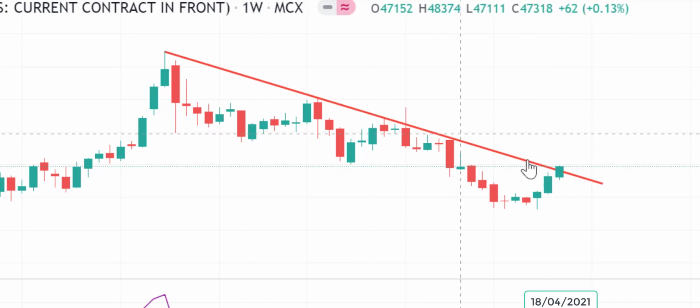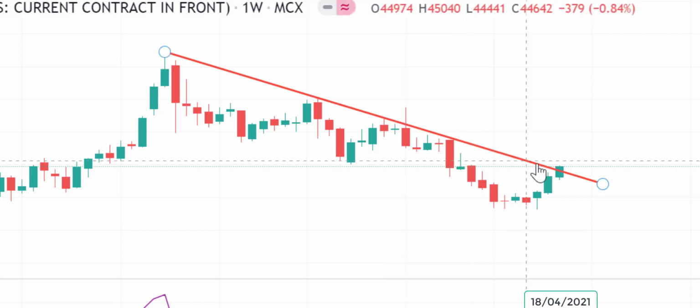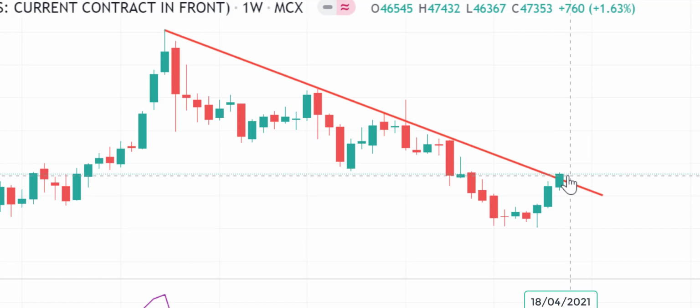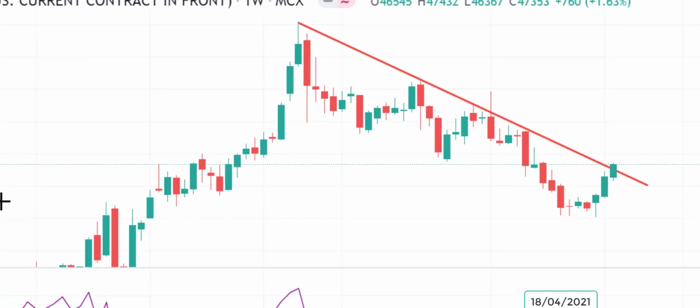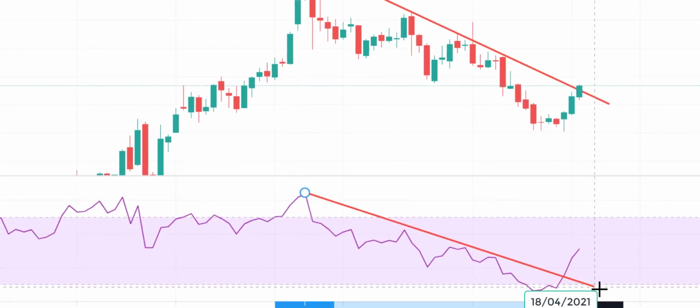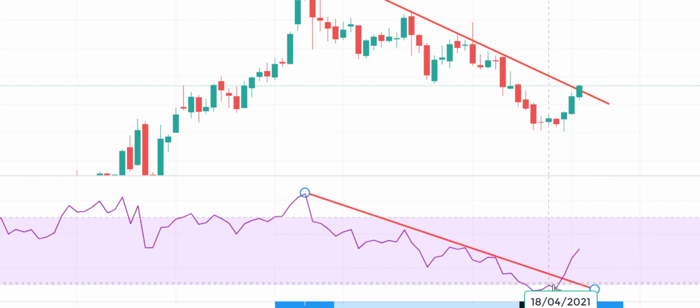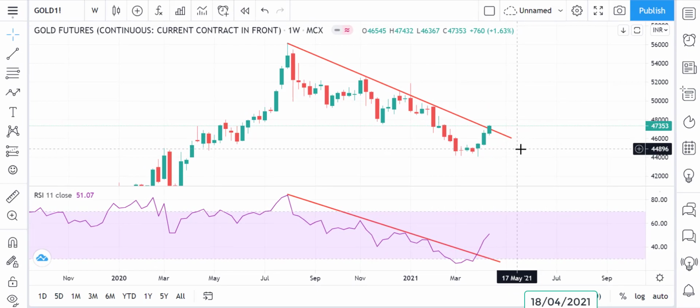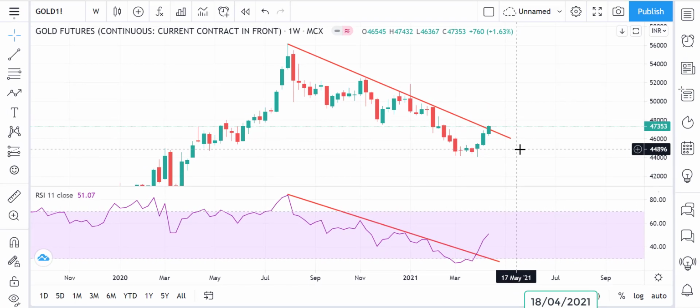This was the major trend line that was being rejected over and over, and finally this week price gave a close above this trend line, and RSI showed a breakout far before price showed. So yes, in rupee terms, gold has successfully shown a breakout, but still it's better to wait for 1 or 2 additional weeks to see confirmation.